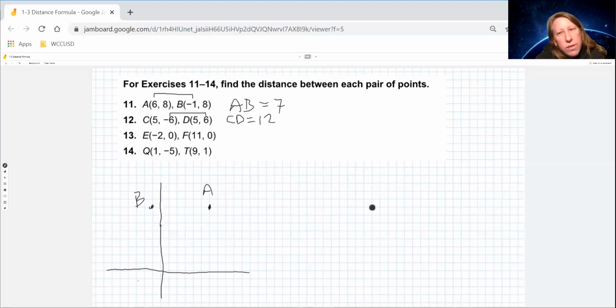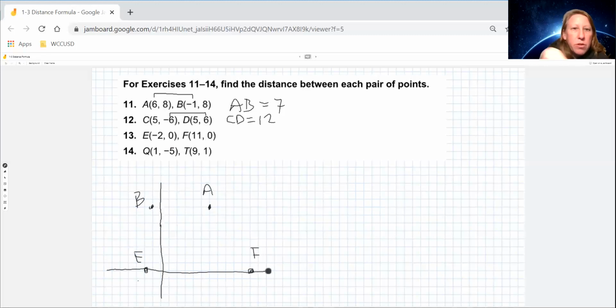How about this one? What's the same in this one? They both have 0 for the y value, so these are both on the x-axis. This is (-2, 0), and this is (11, 0). So how far apart are they?